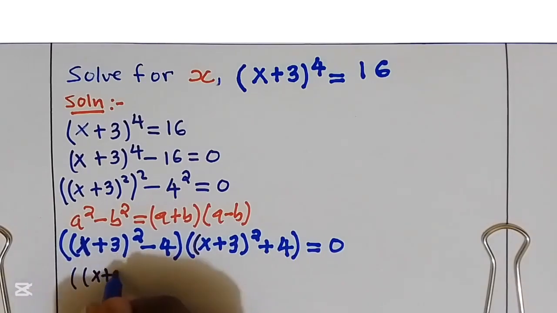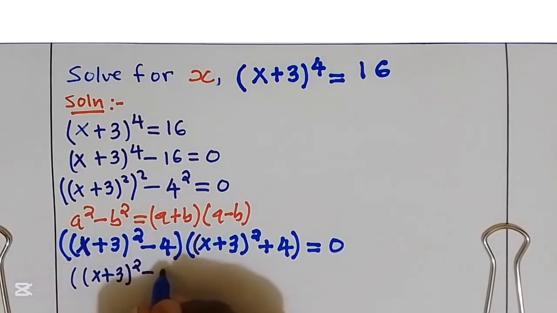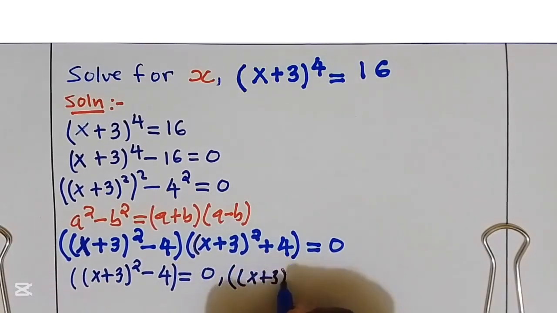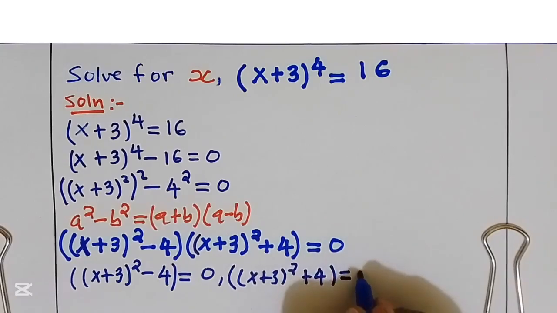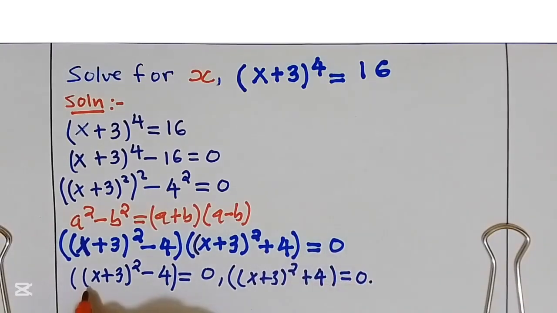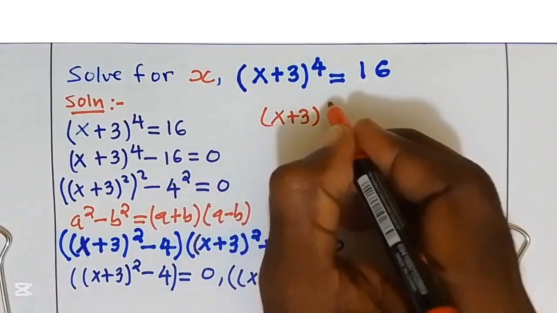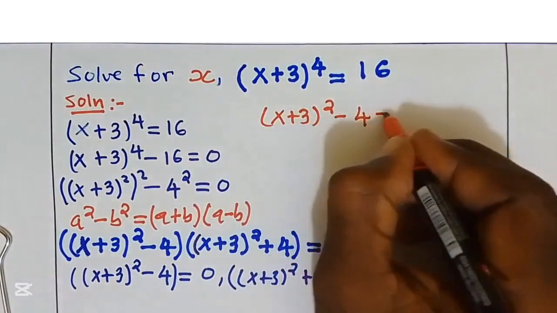(x + 3)^2 - 4 is equal to 0, and (x + 3)^2 + 4 also is equal to 0. Let us take the first one, (x + 3)^2 - 4 equal to 0.